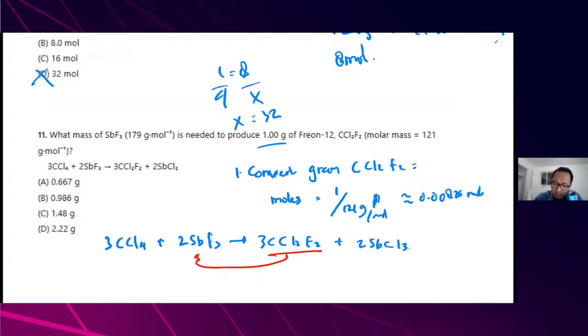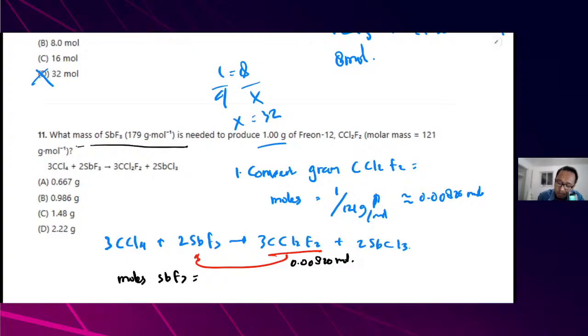So how to get that one? As you can see, the SF4 is this one. What's the mass that is needed to produce the given amount? This one is 0.00826 mole.